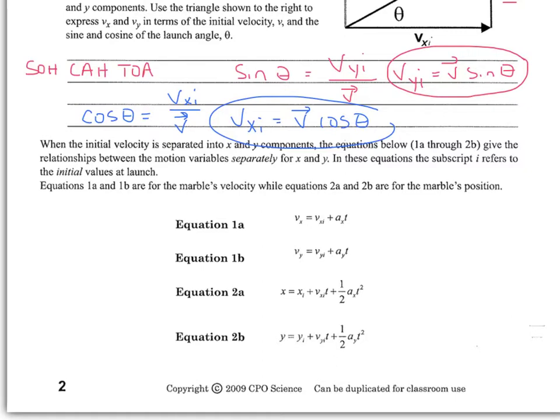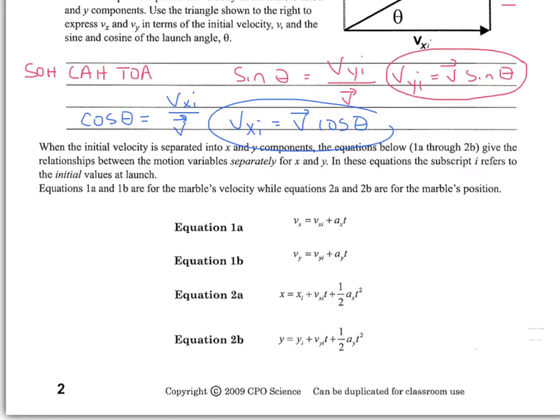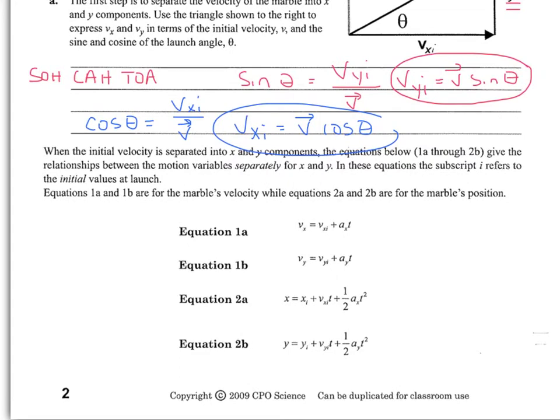But I want you to realize that there is no horizontal acceleration. This part right here, ax, is actually equal to 0.